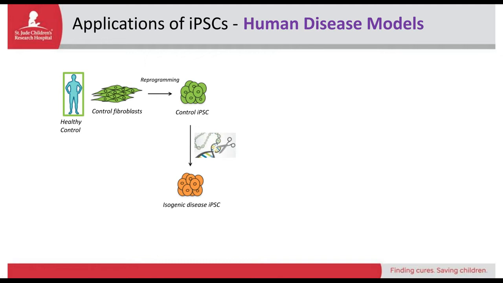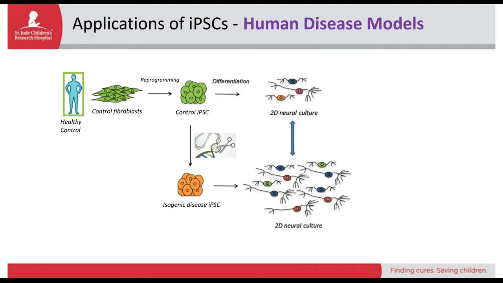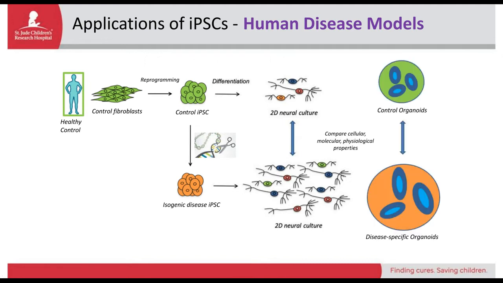So this is the exact same line, has the exact same background as the control line, except for the disease-associated mutation. These two lines, again, can then be differentiated in parallel, either in 2D or in 3D, and then compare the properties of the control and disease-specific organoids to identify disease phenotype.